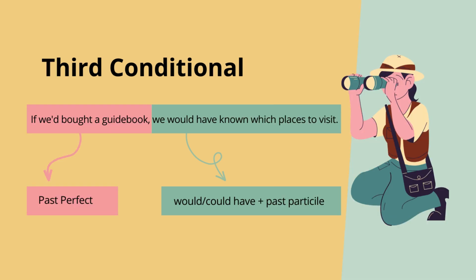The third conditional we have is the past perfect. If you had bought a study guide, you would have known which place to visit.